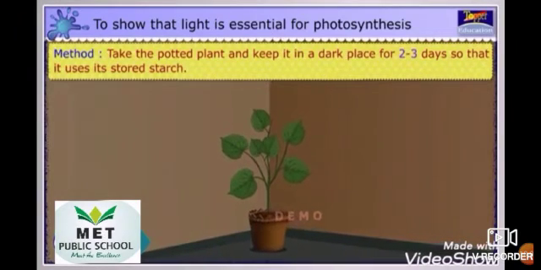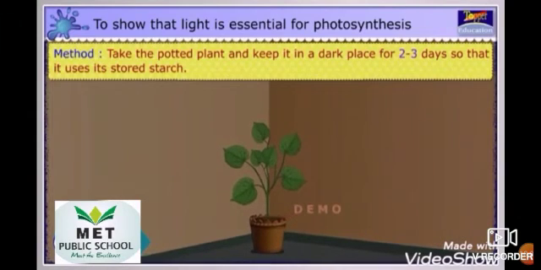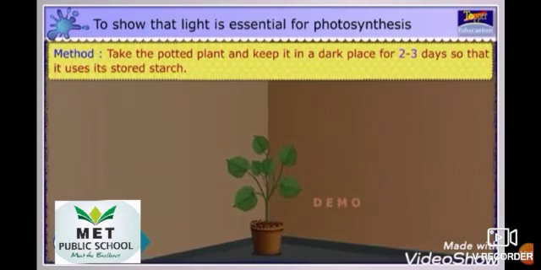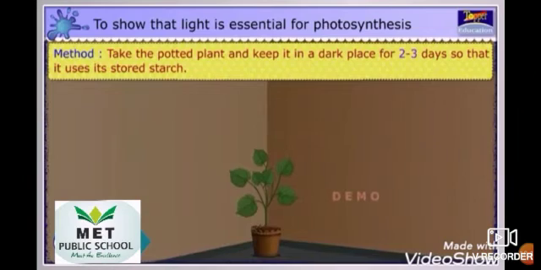So to show that light is essential for photosynthesis, I told you just now that if sunlight is not there, the plant will not grow properly. You can see here another experiment. Take a potted plant and keep it in a dark place. Sunlight should not come there, not even one drop.